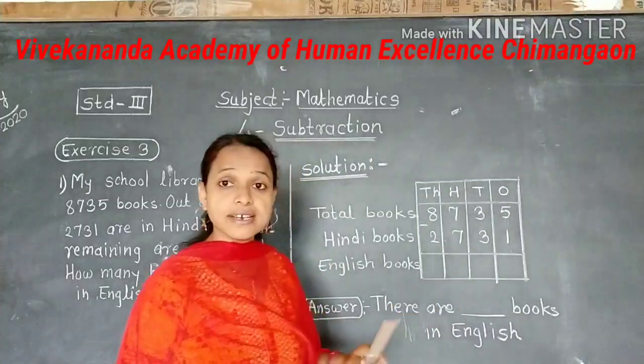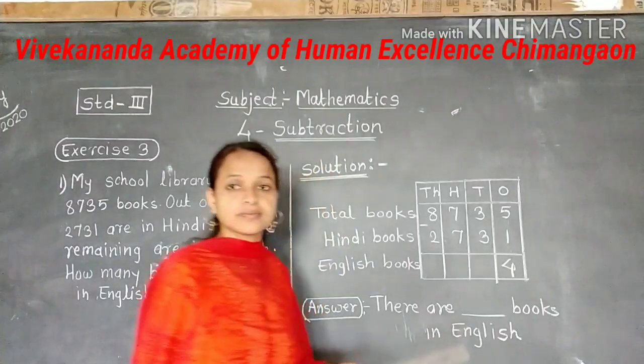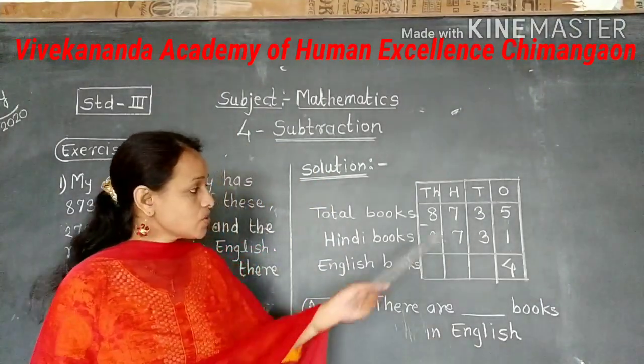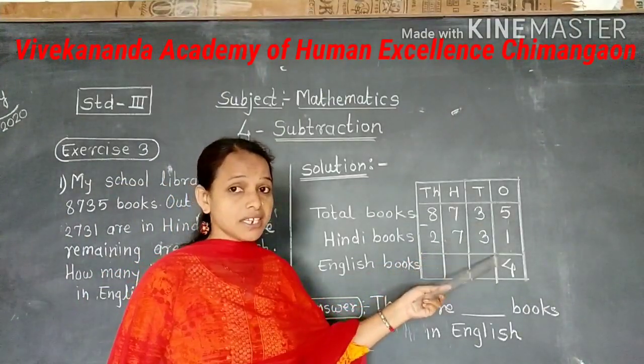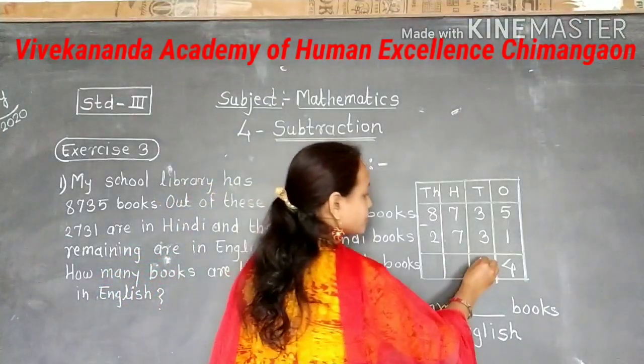So write 4 in the ones place. Next, we have to subtract tens. So subtract 3 tens from 3 tens. 3 minus 3, 0. So write 0 in the tens place.